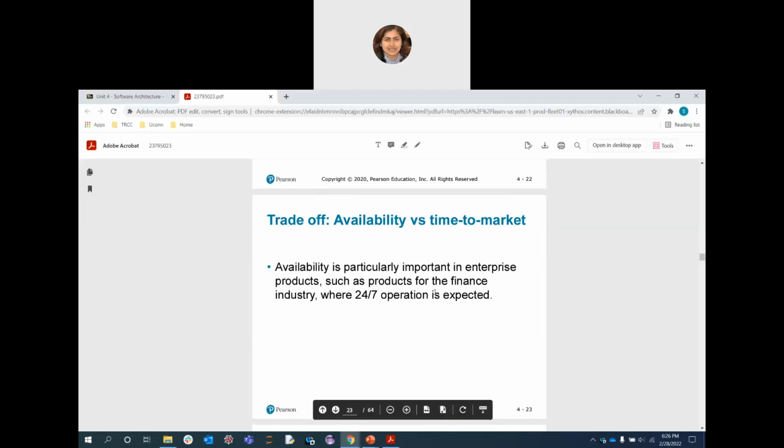Architecturally, you achieve availability by having redundant components in a system. To make use of redundancy, you include sensor components that can detect the failure and switching components that switch operation to a redundant component when a failure is detected.